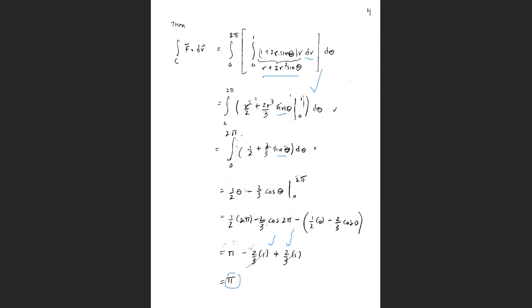So this means then that the work that the vector field F does in moving that particle once around that closed path C, which is the curve of intersection between the plane and the cylinder, the work is overall positive.